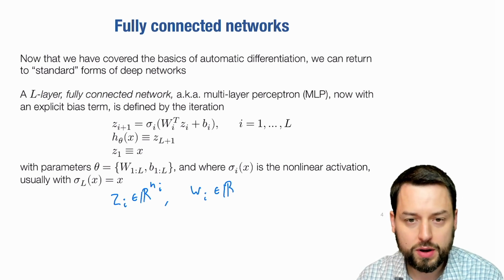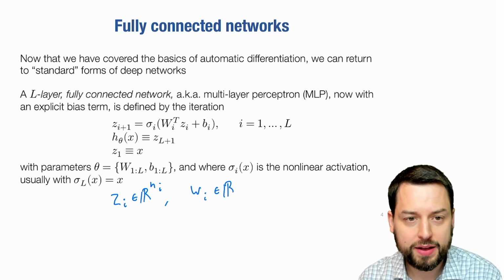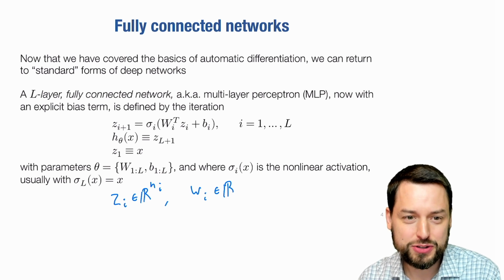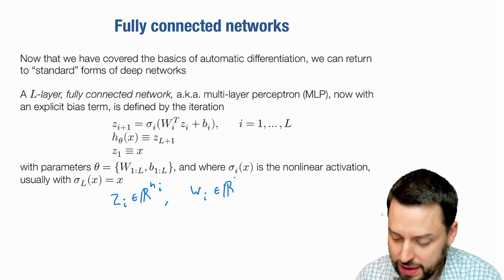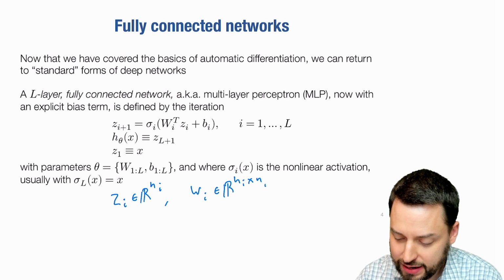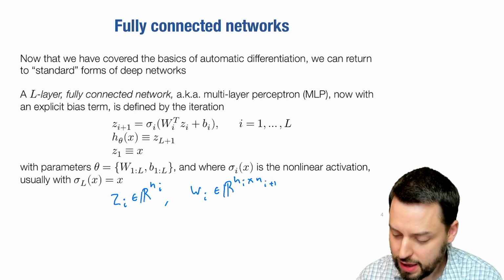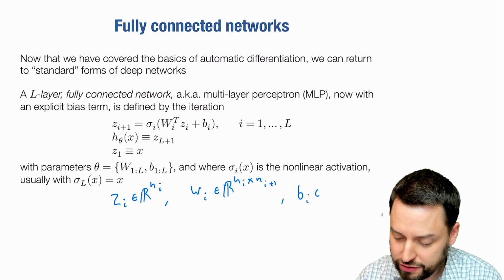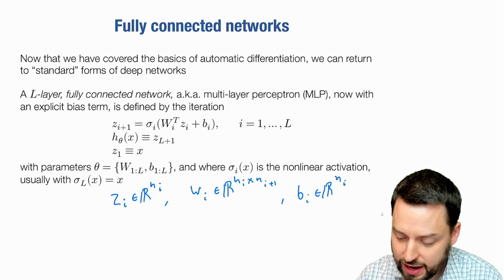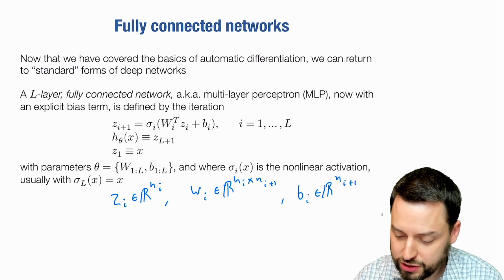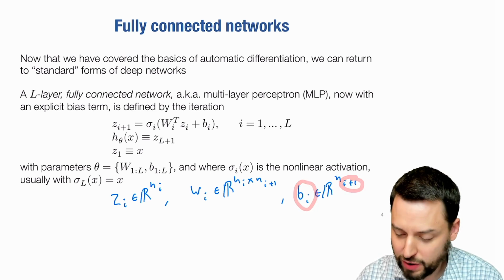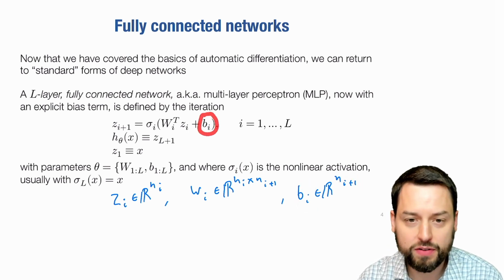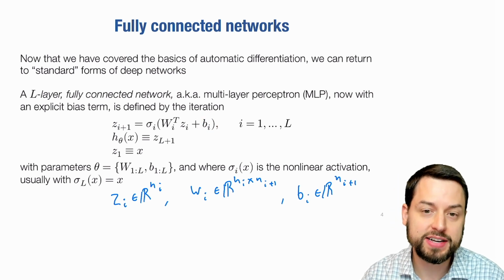Well, W_i transpose has to map n_i to n_{i+1}. So W_i would be n_i by n_{i+1}. And of course, b_i would also then be vectors in R^{n_{i+1}}. It's important to note here that b_i is a vector in R^{n_{i+1}} because we're adding it to the output of our linear transformation, and so it has to be the size of the next layer.